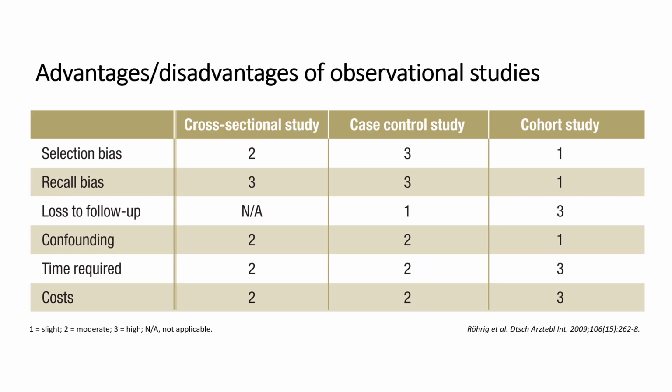Each of the study designs that we mentioned earlier is prone to different biases and to the effect of confounding to different degrees. For example, among observational studies, cohort studies are less prone to these sources of error.